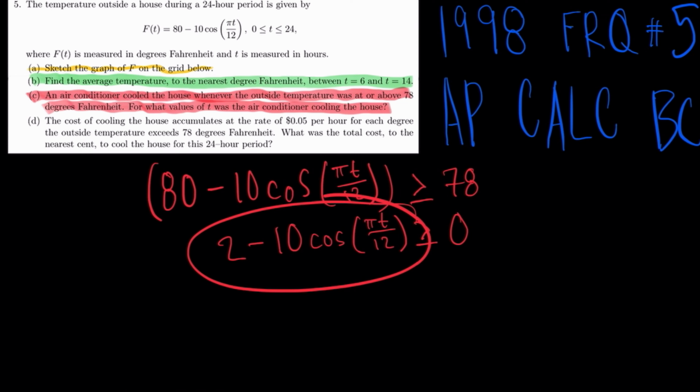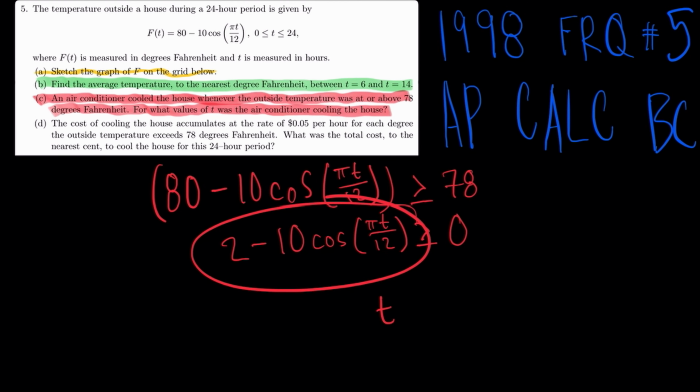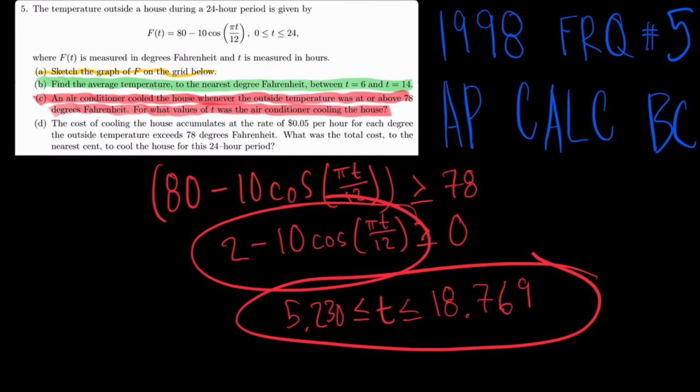Now I'm just going to find the zeros of this expression, and I have t is greater than or equal to 5.230, and I'm truncating there, otherwise you would have 0.231, and t is less than or equal to 18.769. And this is our final answer for part C.